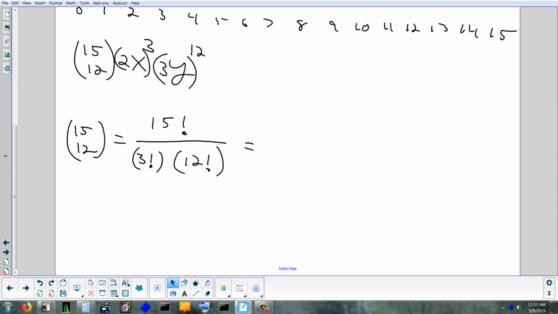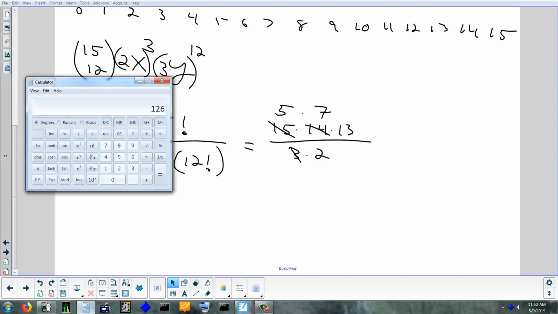Just 13, 14, 15. So 15, 14, 13. Everything from 12 down is going to cancel with 12 factorial. And now in the bottom, 3 factorial is 3 times 2 times 1. 3 goes into 15 how many times? 5. 2 goes into 14? 7. So I have 35 times 13.